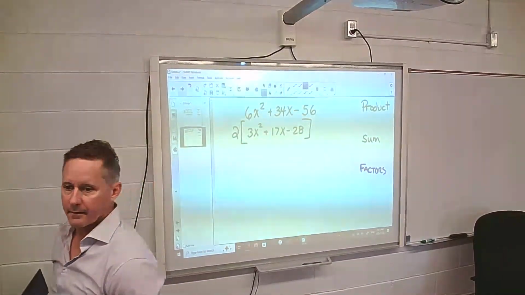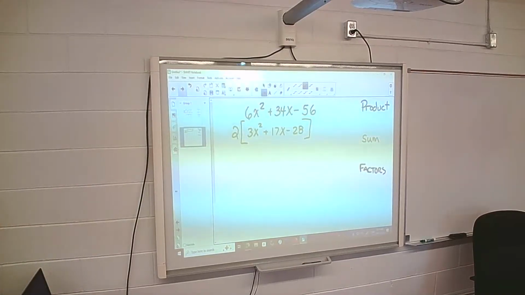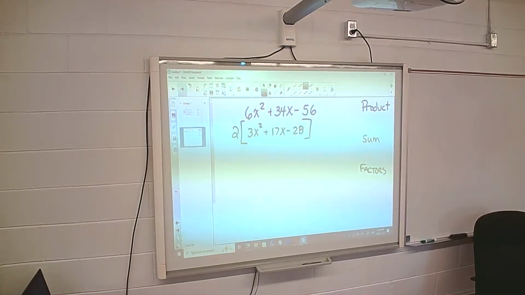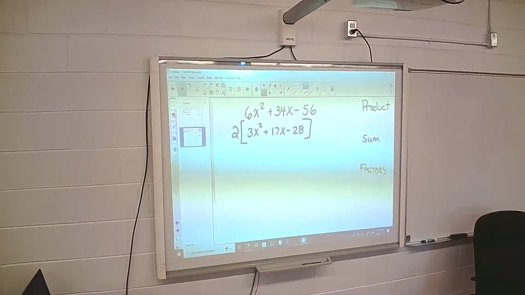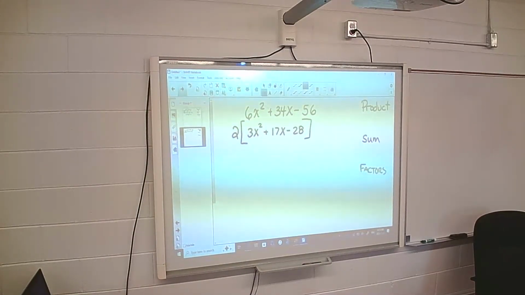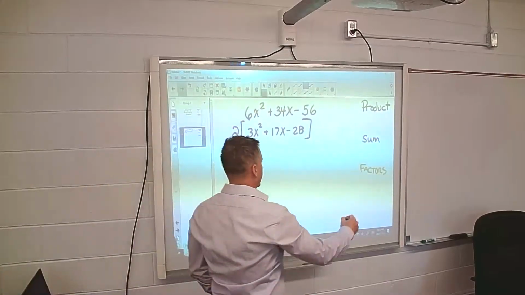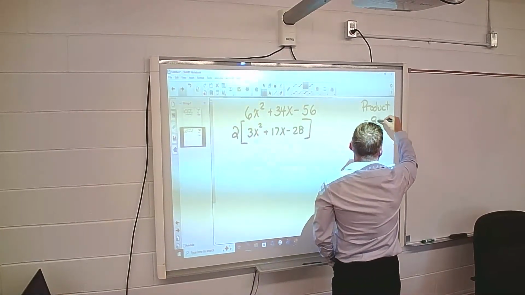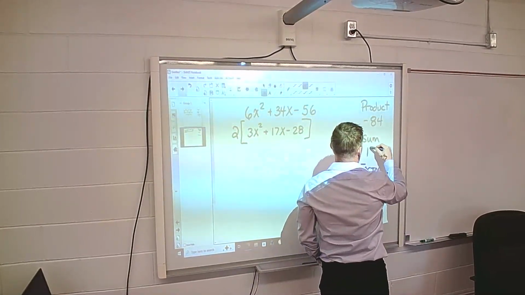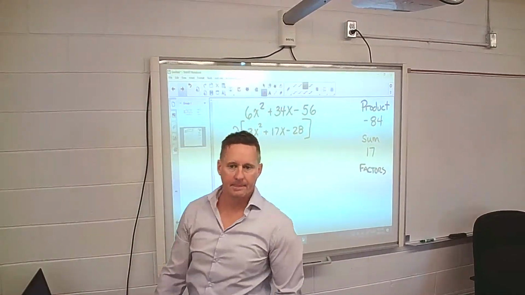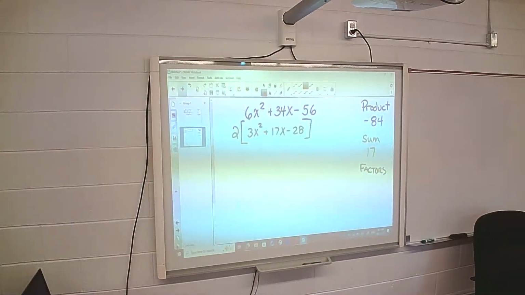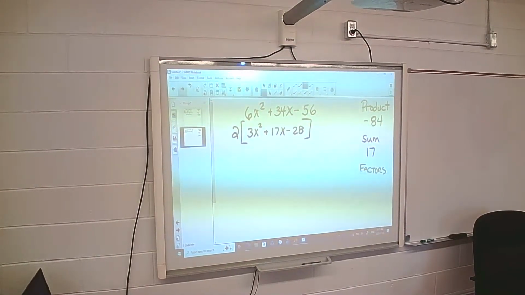How do I find the product? In this case, what's my A value? 3. And my C value is? Minus 28. So 3 times negative 28 is what? Minus 84. Good. What's my sum? 17. Okay. What do I multiply to get negative 84 that adds to give me 17?